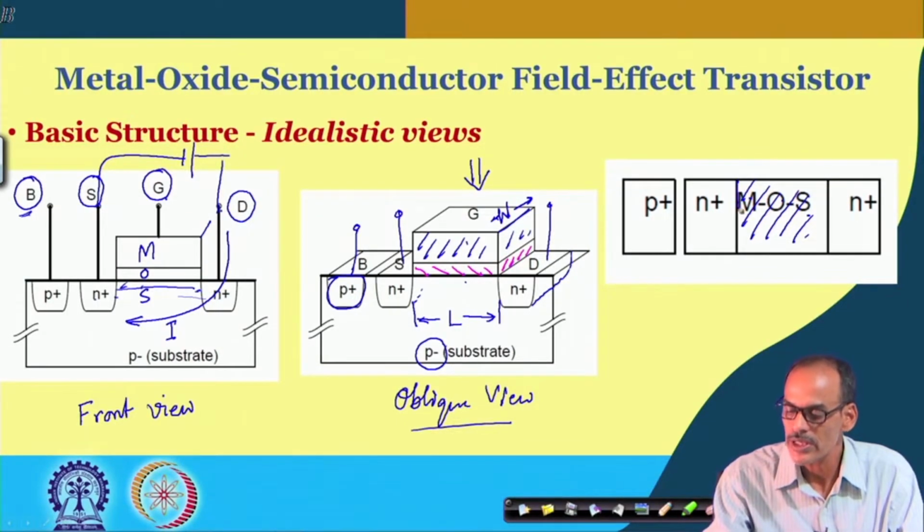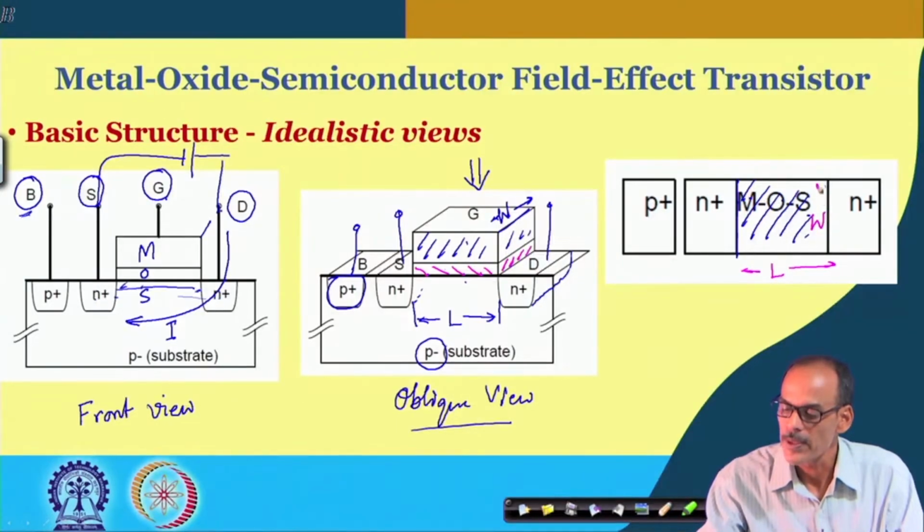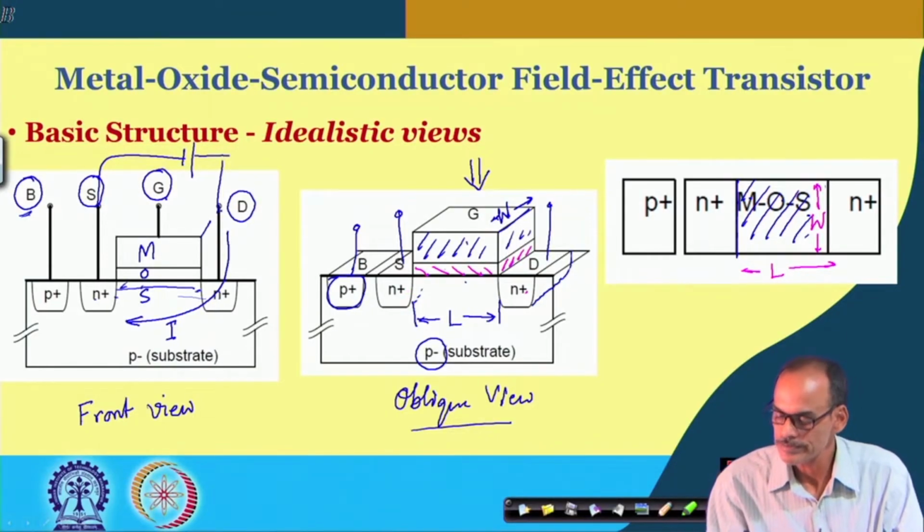So, you can see that the channel portion is only here, and as I said, the two important dimensions, one is the length and the width here. And these two islands are shown here.